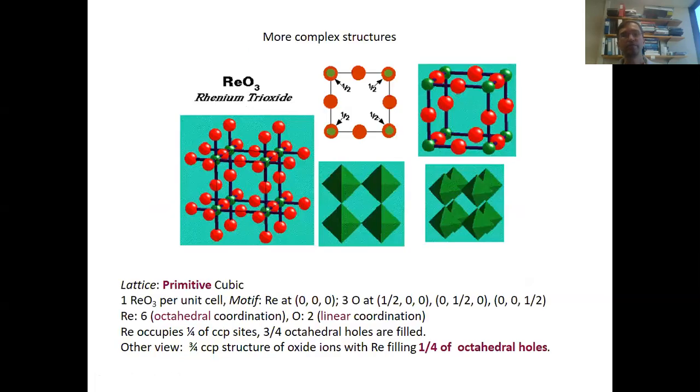All right, so now let us go from simple structures that we have discussed just now to more complex structures. And you will see that in these more complex structures, not all sphere positions are necessarily filled.